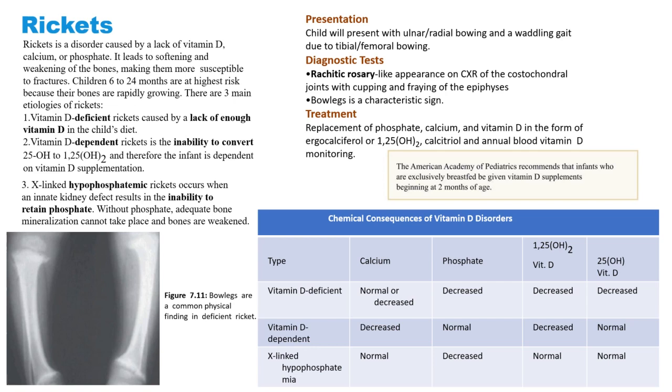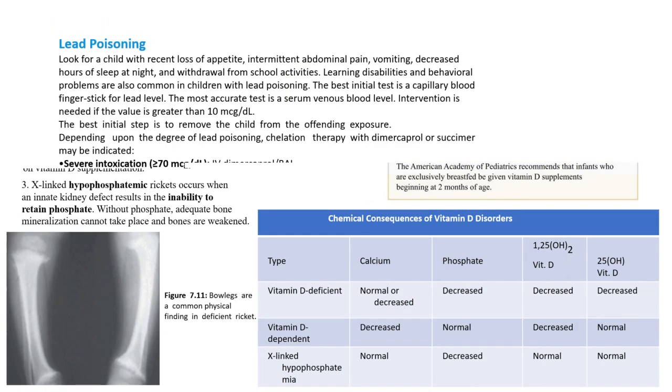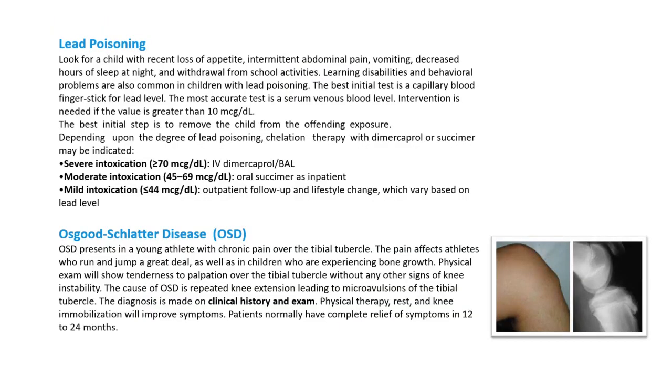Let's go to the next slide, slide number 4. Here we need to discuss lead poisoning. We're looking for a child with recent loss of appetite, intermittent abdominal pain, vomiting, decreased hours of sleep at night, and withdrawal from school activity.